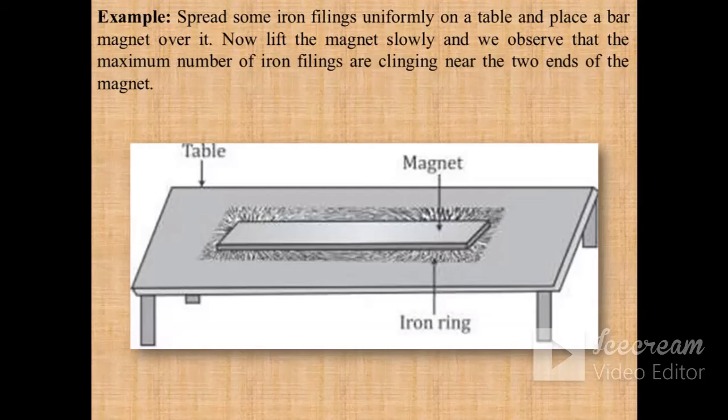Spread some iron filings uniformly on a table and place a bar magnet over it. When you do this experiment, you will come to know that the ends of this bar magnet have more iron filings than any other surface on the bar magnet. Why? Because at the ends the magnetic field is maximum.